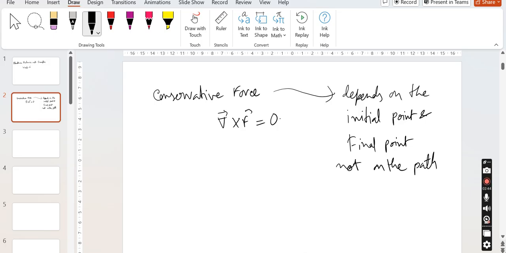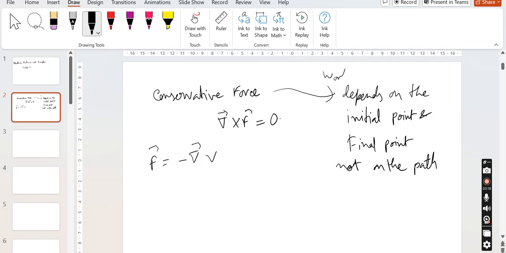For that kind of force, F is basically the negative gradient of a potential V. That means the direction of the force is opposite to the gradient of the potential energy.